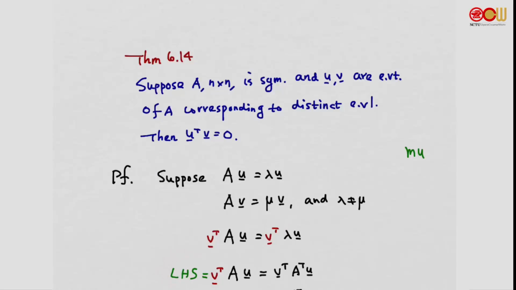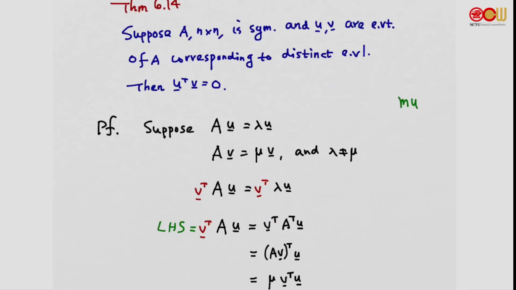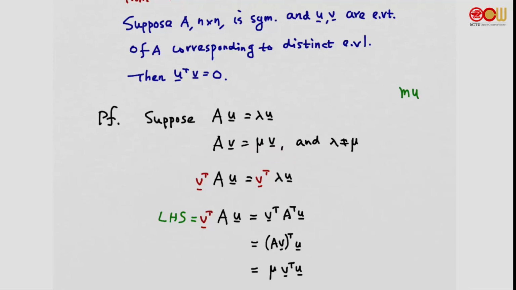We have not used the condition that A is symmetric yet, so let's use that here. v transpose Au, we can write it as v transpose A transpose u, because A and A transpose are the same. We can rewrite it as (Av) transpose u. v is an eigenvector of A, and Av is equal to mu v. We can plug it in here.